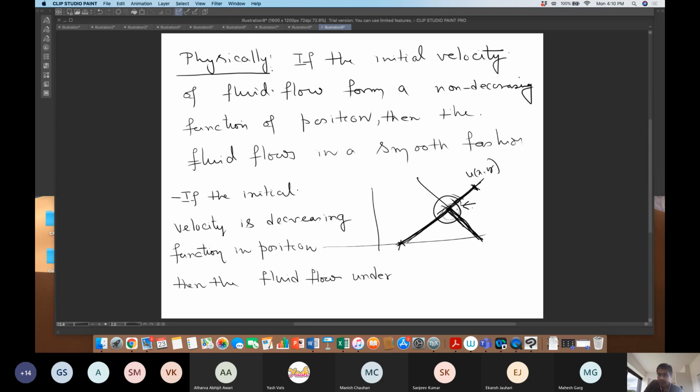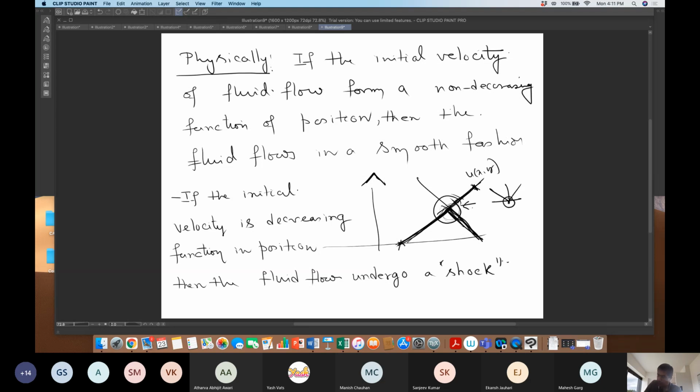Either it can come here, or the other. So there is a non-smoothness. The function is not smooth here. It is like y equal to mod x, right? A y equal to mod x kind of situation arises at this point. So the fluid flow undergoes a shock or some discontinuity at that point.